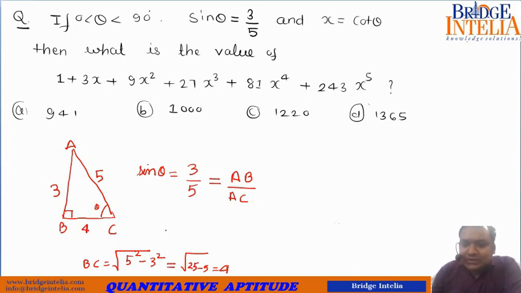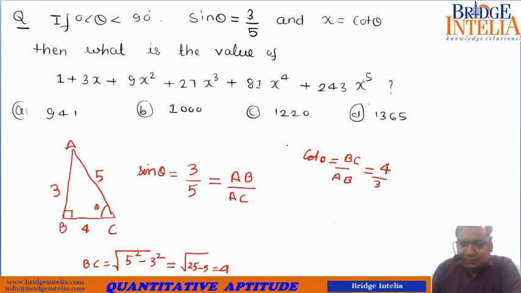Now what is cot theta? As per definition, cot theta would be BC upon AB. We have just found out the value of BC. BC is equal to 4 and AB is equal to 3.